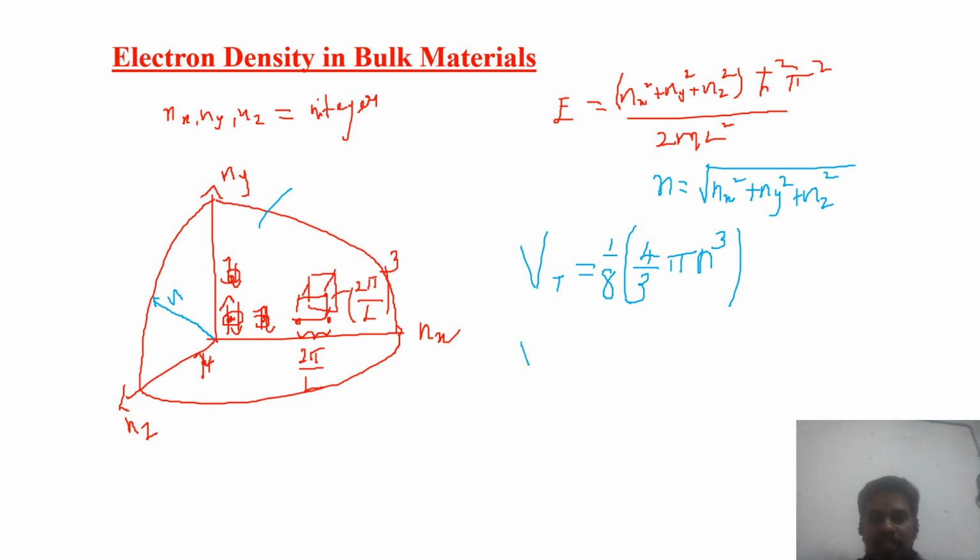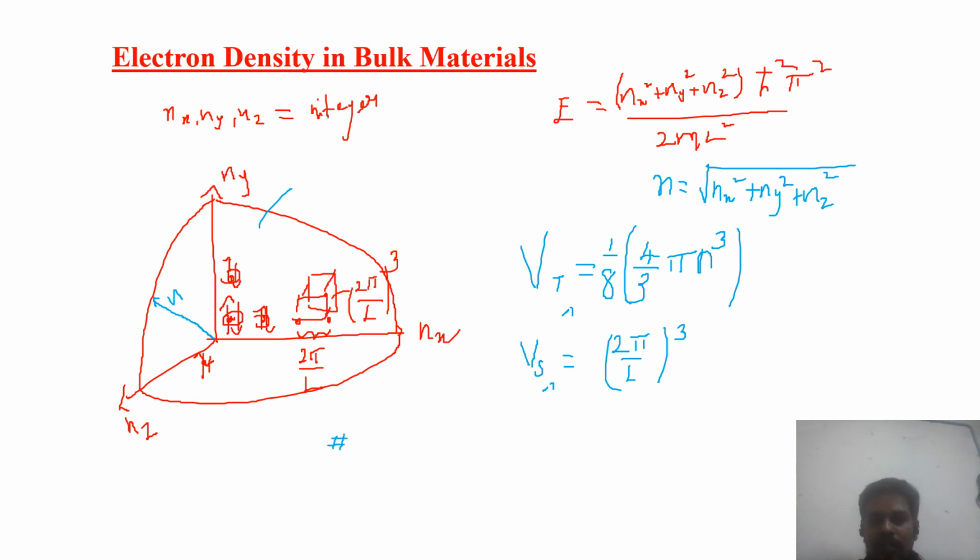So what is the smallest volume? The allowed volume, that means the single state volume, is simply (2π/L) whole cube. So this is the total volume and this is the smallest volume. If you divide these two, it will give the number of allowed states for the electron.